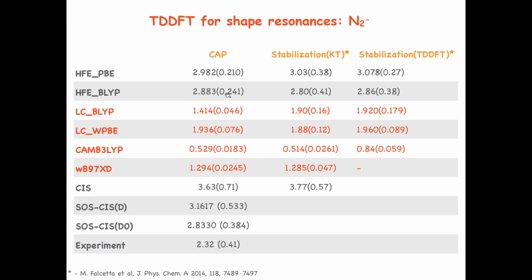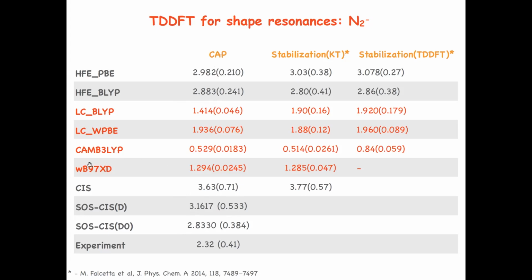So what we see here is if you look at these functionals which have 100% Hartree-Fock exchange, they give pretty decent description of resonance energy and width in comparison to other single reference methods.